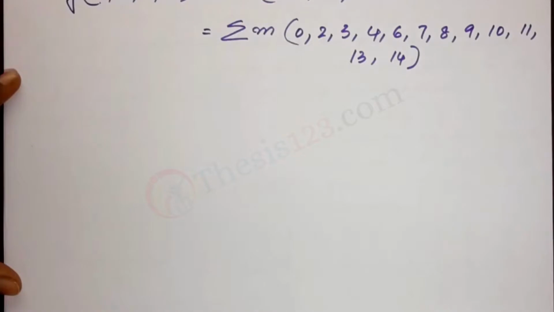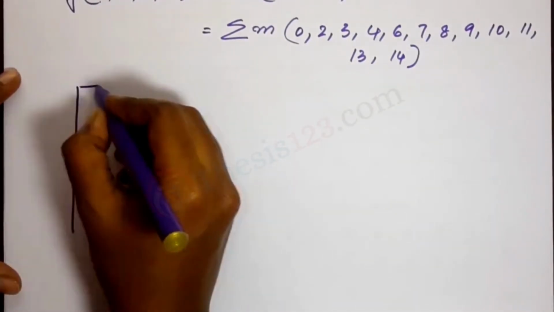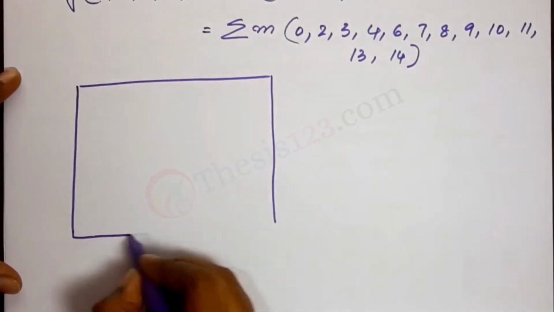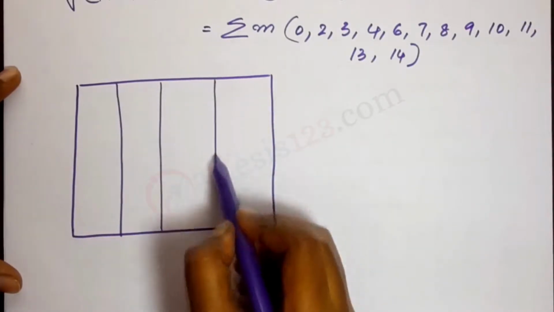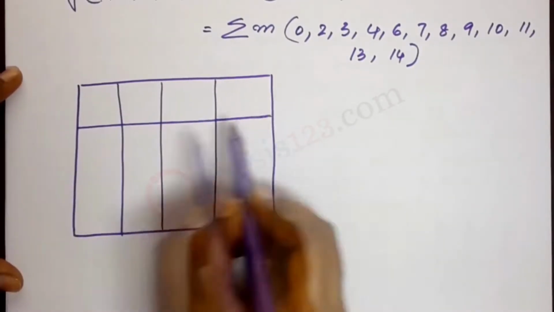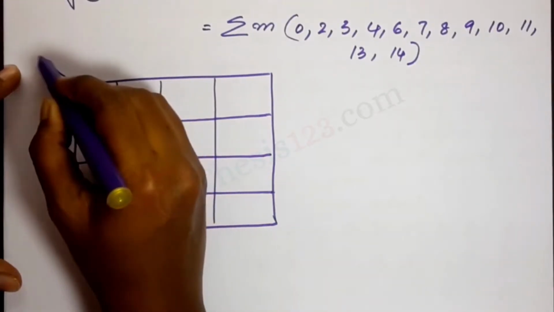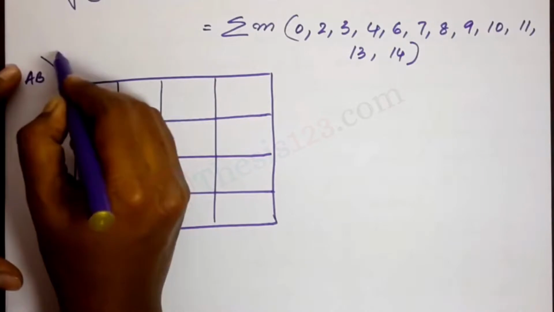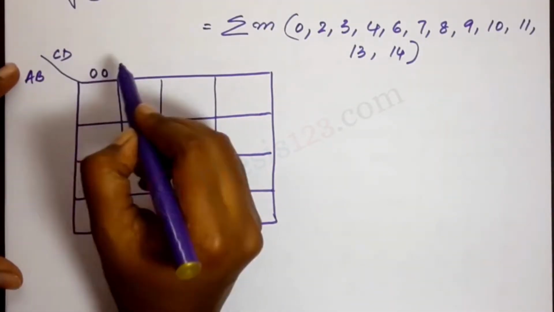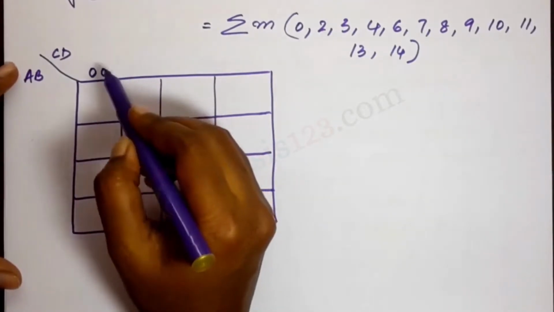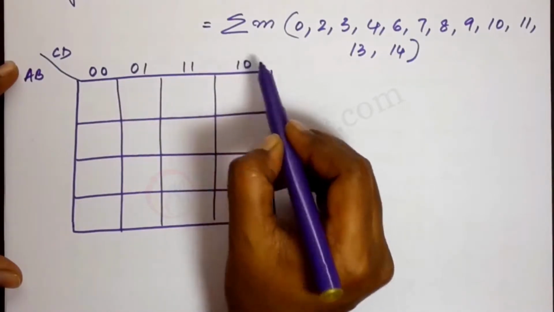Next step, write down the K-map. Draw the K-map, draw the cells, put down the values, and then we simplify. So our K-map is going to have 16 cells. A, B, C, D. Now here the value of this cell would be 0, 0. This column 0, 1, 1, 1, 1, 0.